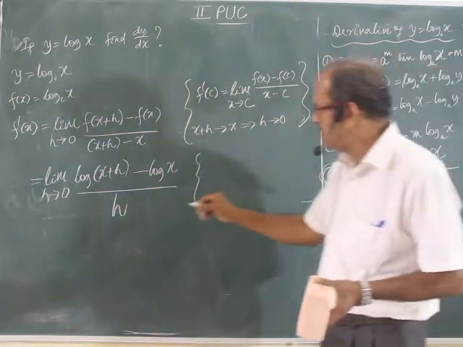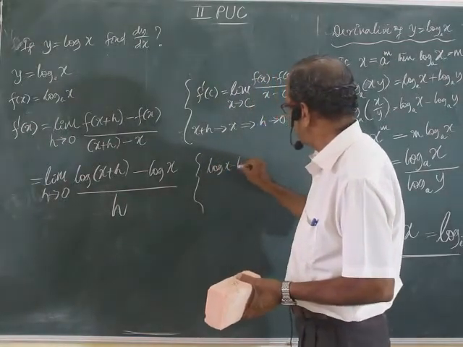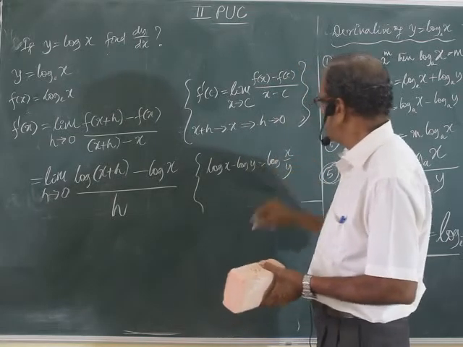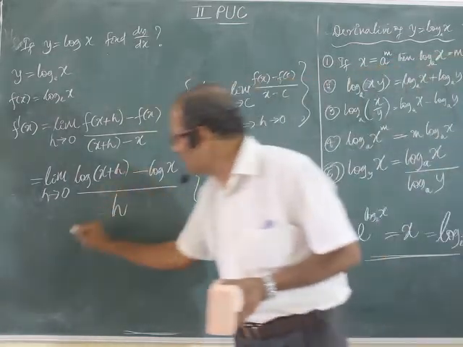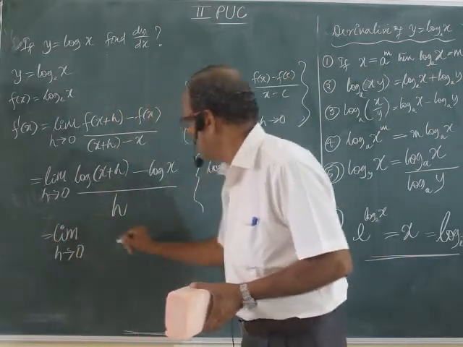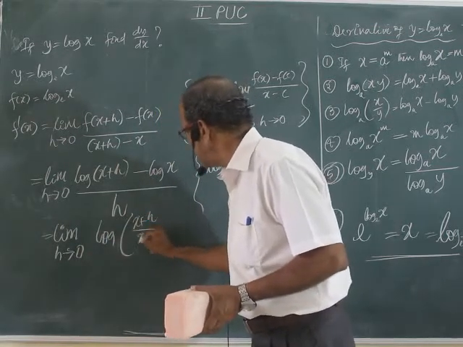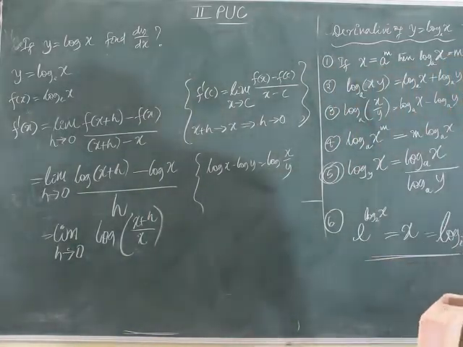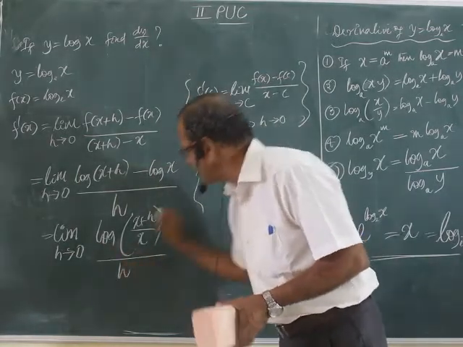Let me write that one. Even then, let me write here: log x minus log y equals log of x by y. Let me write which formula you are using. The numerator is written like this: limit h tending to 0, log of x plus h divided by x, divided by h as it is.